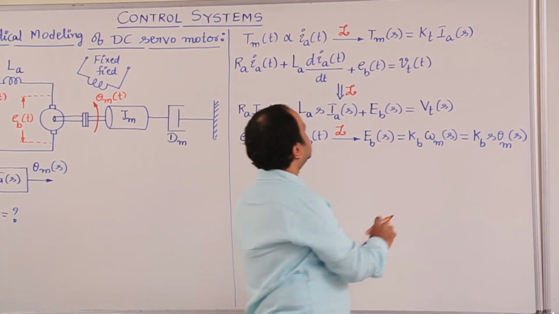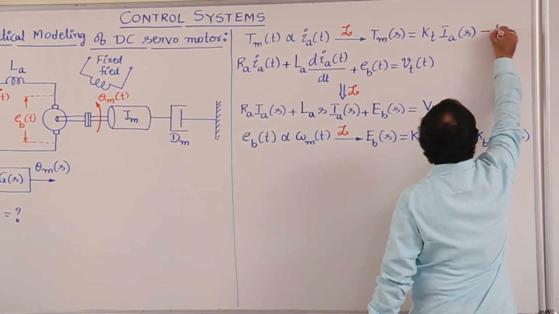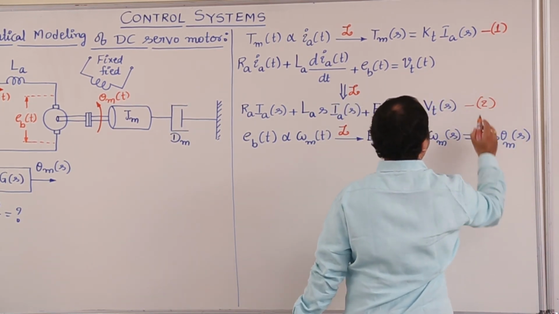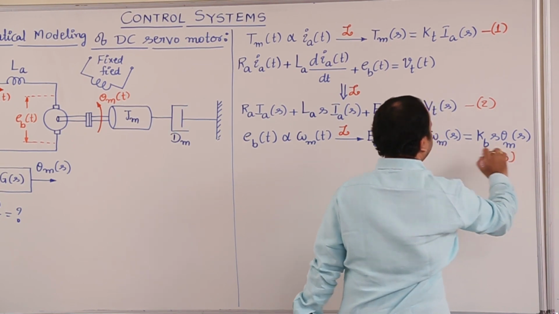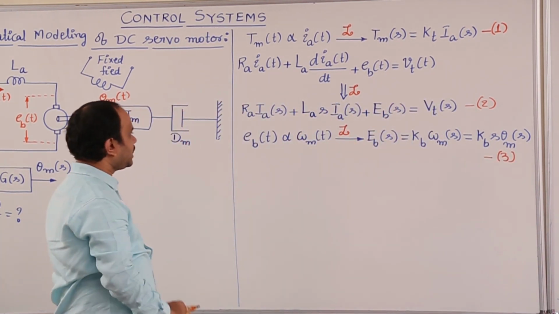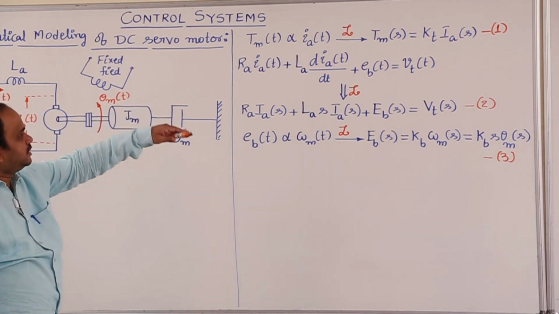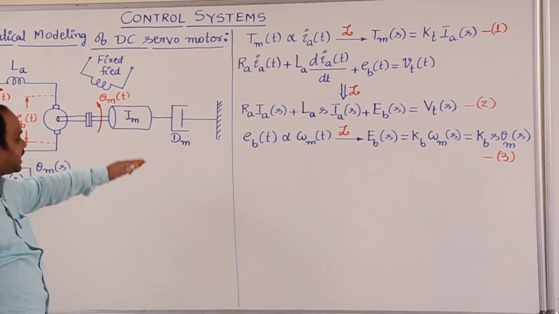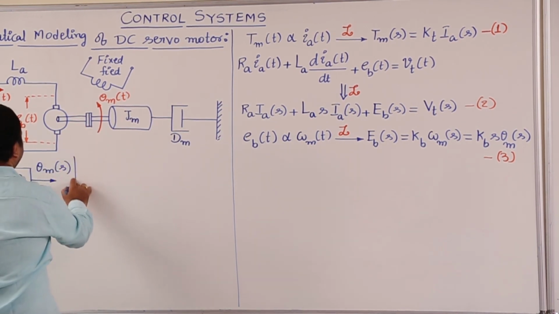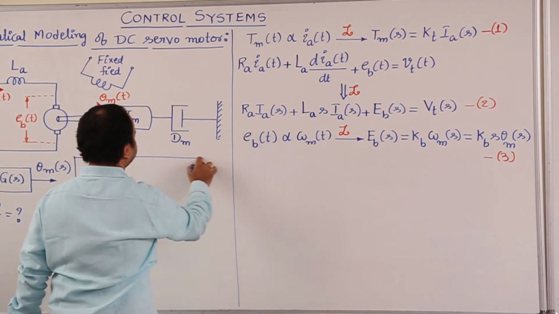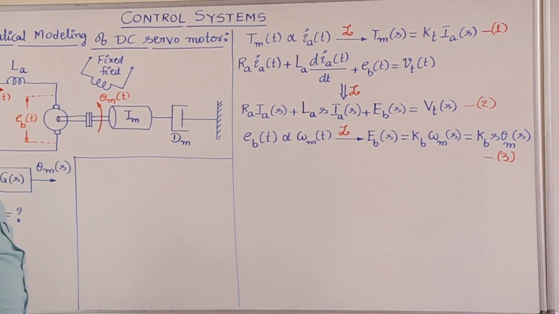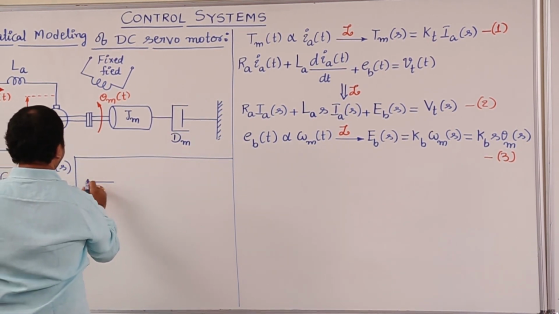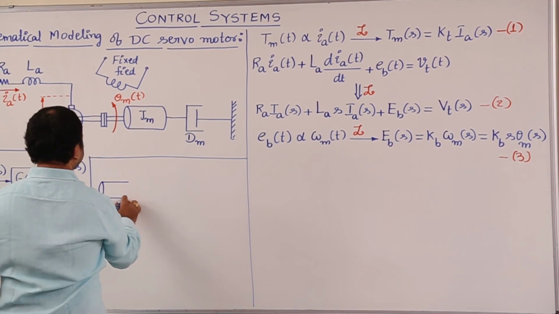Now just for simplicity, let us use some numbers to represent these equations. Let us write this as equation number 2 and this as equation number 3. Now these are from the electrical side, motor electrical side. Coming to the mechanical side, we can simplify the armature side moment of inertia and damping Dm. How is it? A simple arrangement you can consider like this.